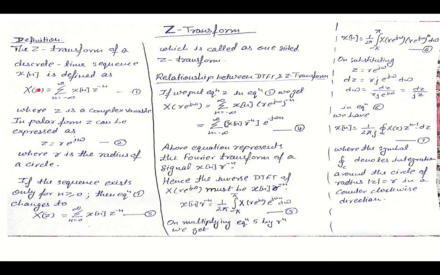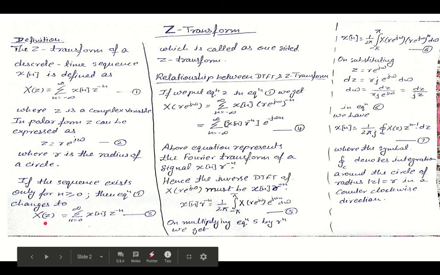Now this X(z) is from minus infinity to plus infinity, but if my sequence lies from n greater than or equal to 0 to infinity, then it is known as one-sided Z transform, and it is represented as X(z) equal to the sum from n equal to 0 to infinity of x[n] into z to the power minus n.